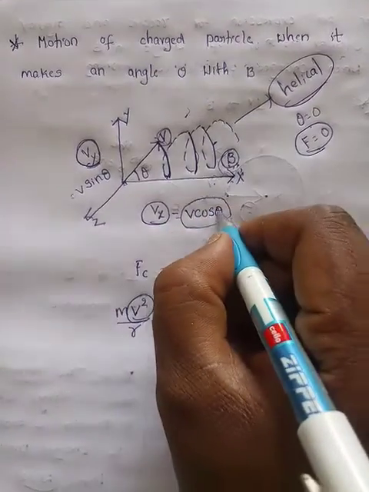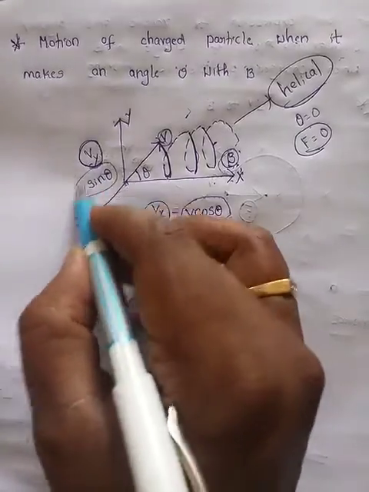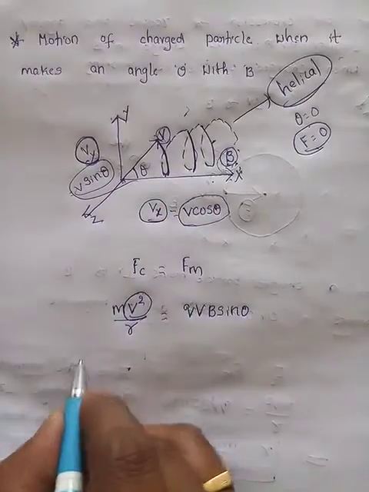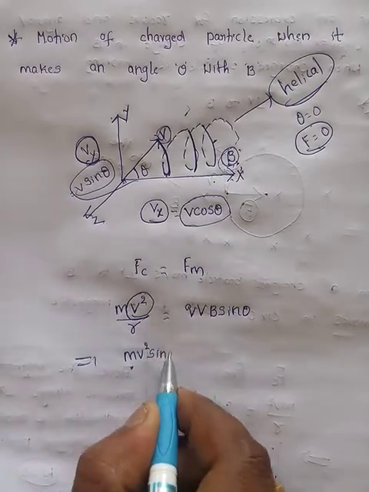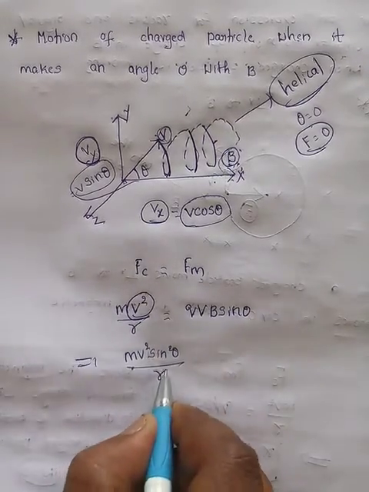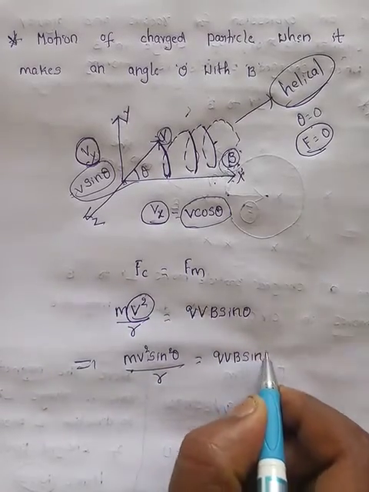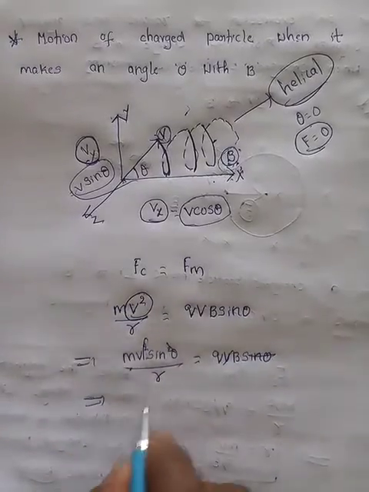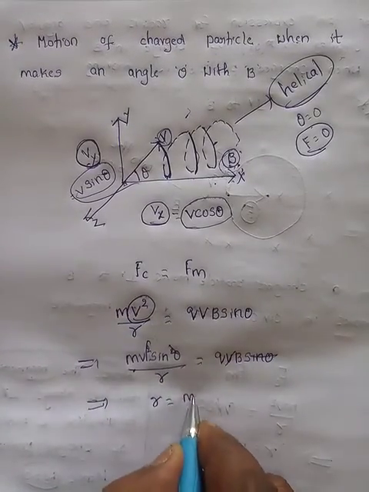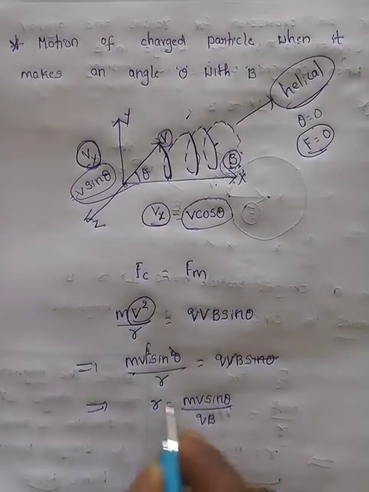No, because v cos theta is not undergoing any force, it is not moving in a circular path. So which component is moving? v sin theta. So we write m v square sin square theta by r is equal to qvB sin theta. So v sin theta gets cancelled. From this, r is equal to m v sin theta by qB.